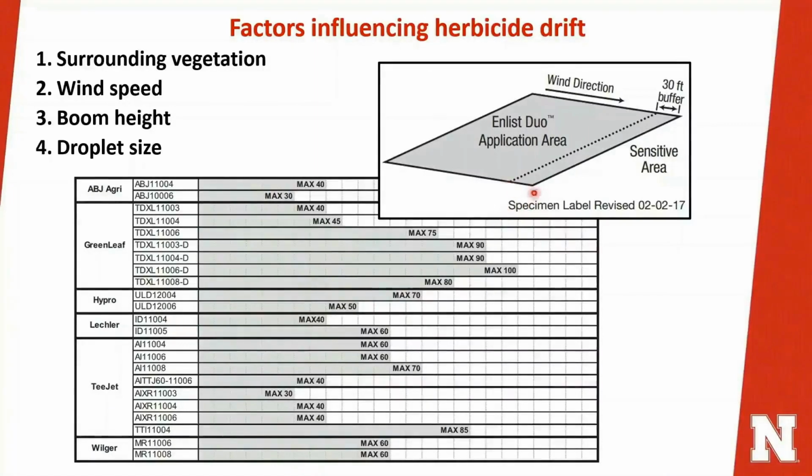There is also information about wind speed limits, boom height limits, and most importantly, especially in the new labels, droplet size. Product manufacturers include detailed information on which nozzles we can use based on the droplet size these nozzles will produce with their products, and also the pressure range we can use when spraying these herbicides.